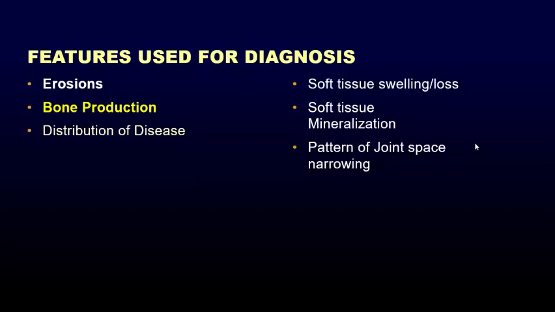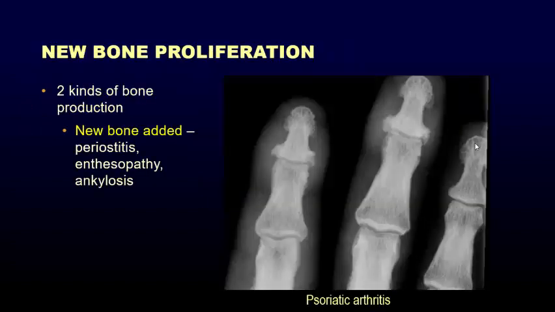In many of these cases, we've seen examples of bone production as we've gone along. Let's talk about that specifically. There are two primary types of bone productive changes. Proliferative new bone formation is the fluffy periosteal bone formation that happens at entheses, tendon and ligament attachments, capsular attachments, and adjacent to erosions.